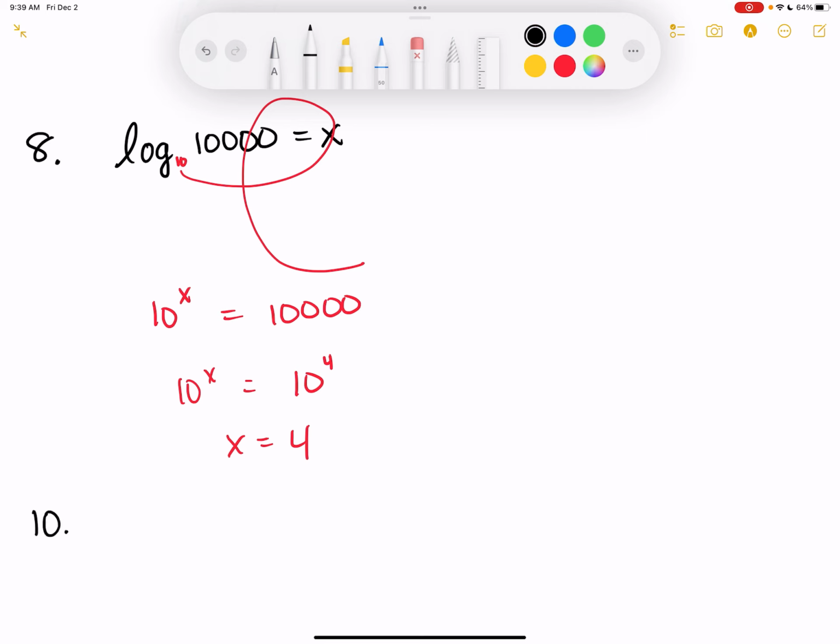Now, log of 10 to the negative 4. I'm not going to do the exponent rewrite on this one because this one's a property that we've talked about already.